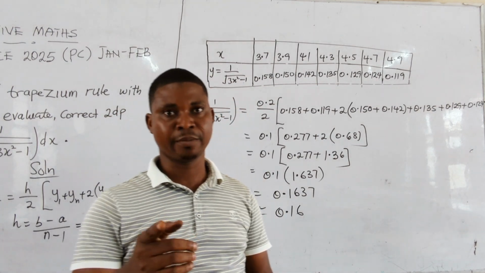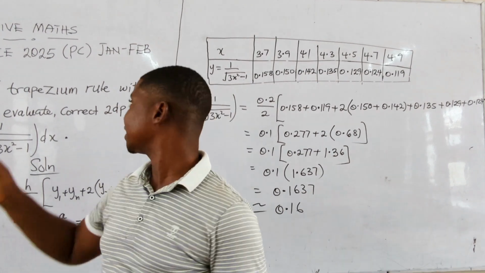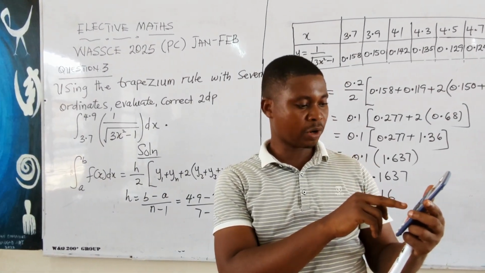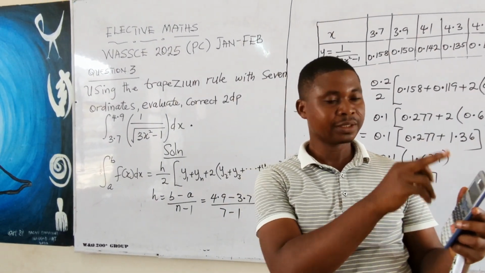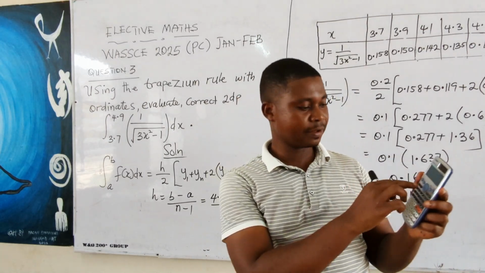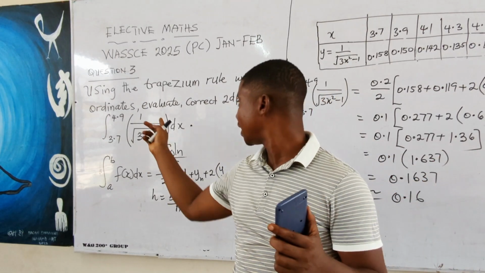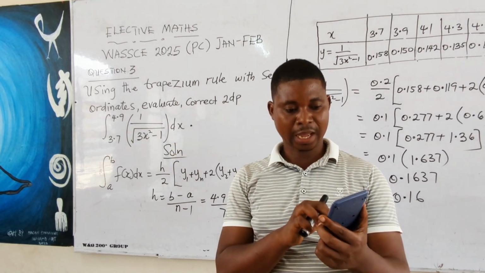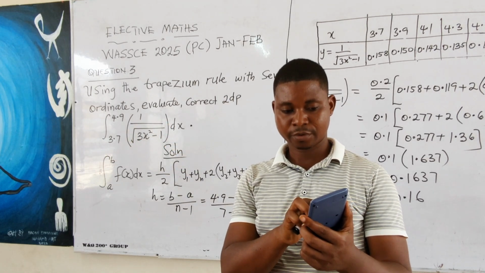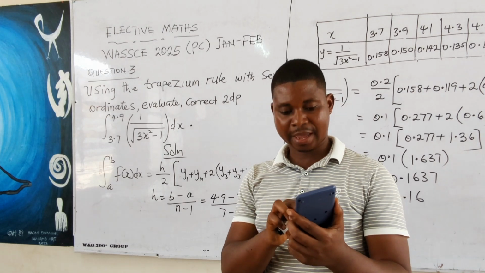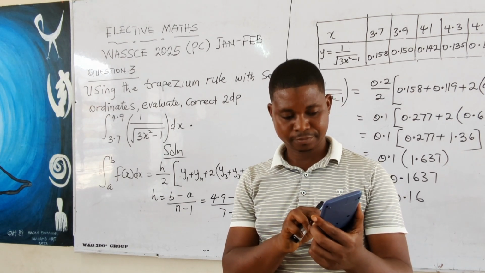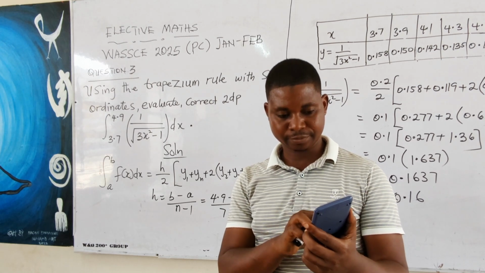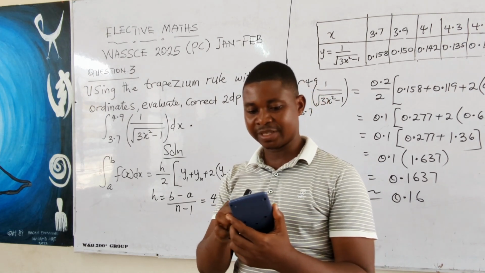But if you want to confirm that your answer is right, you can check straight from your calculator. There is the integral sign there. So you have the integral, then you type in the question, 1 over square root of 3x squared minus 1. Then you bring in the limits.